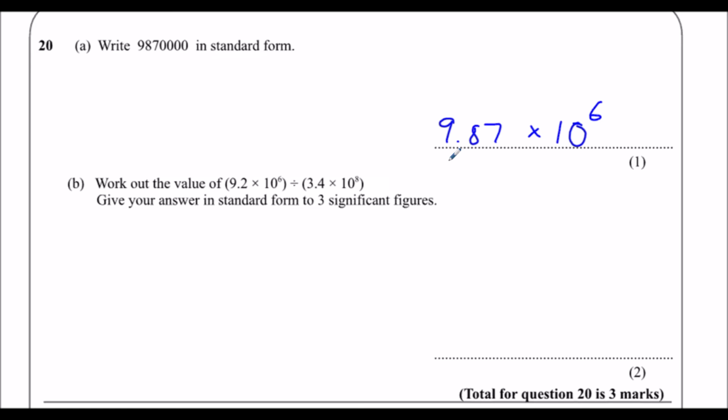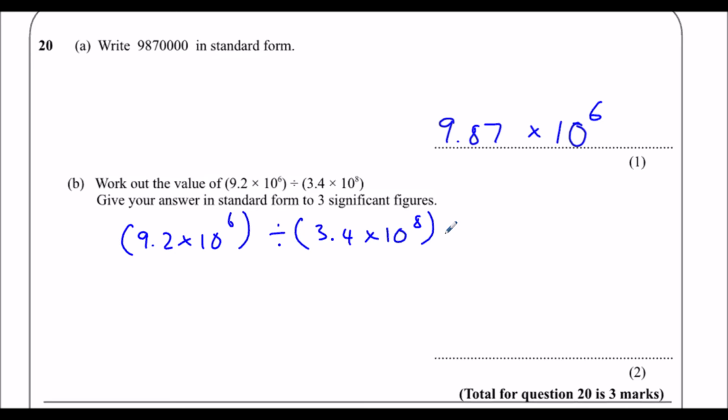For part B, work out the value of 9.2 times 10 to the power of 6 divided by 3.4 times 10 to the power of 8. Give your answer in standard form to 3 significant figures. So we can type this into the calculator. 9.2 times 10 to the power of 6, using the brackets, then divide 3.4 times 10 to the power of 8.